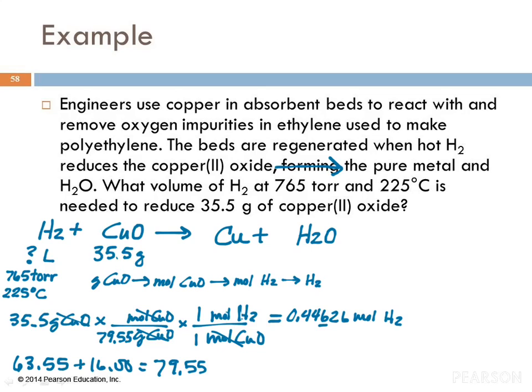So if we take PV = nRT and rearrange it, volume equals nRT over P. Well, our pressure and our temperature are not what we need them to be. So 765 torr, should have left room, but I didn't. 1 atmosphere.